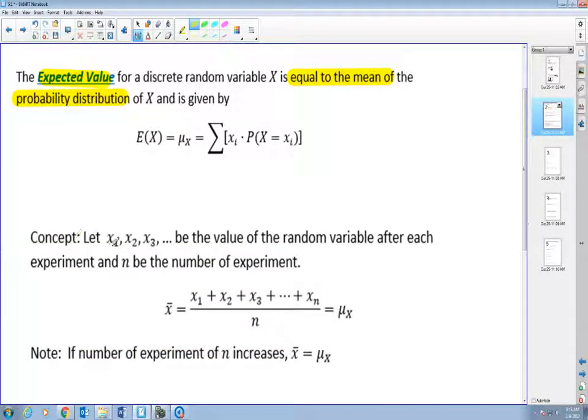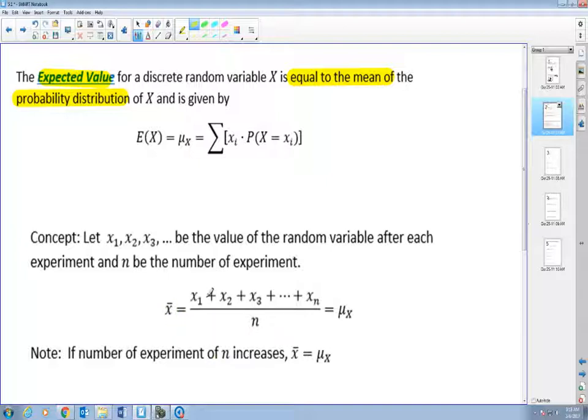So if I have x1, x2, x3 all the way up to x5 be the value of a random variable after each experiment, then the mean, the xi is my 0 heads, 1 head, 2 heads.